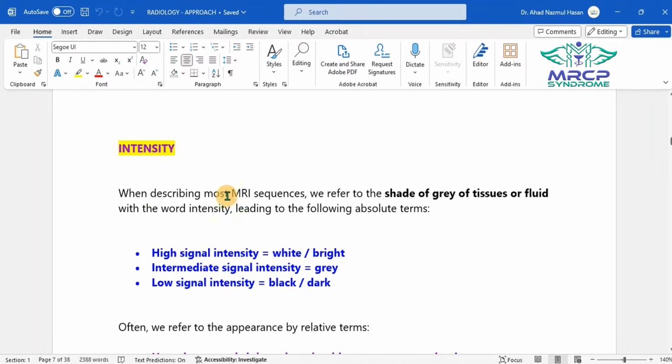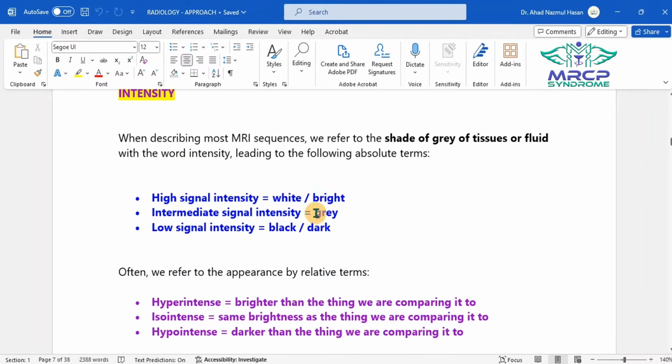When describing most MRI sequences, we refer to the shade of gray of tissues or fluid with the word intensity. Intensity can be used either as an absolute term or as a relative term. As an absolute term, we use high signal intensity, low signal intensity, or intermediate signal intensity.